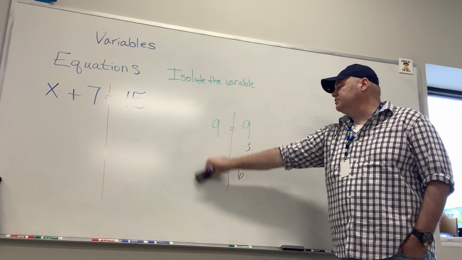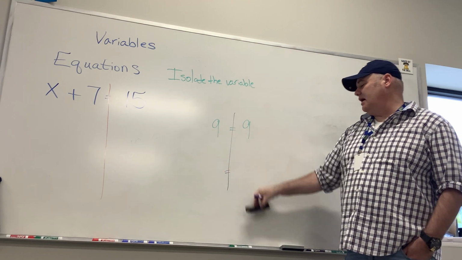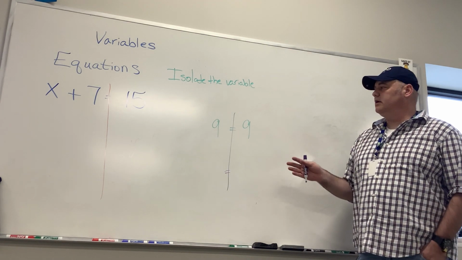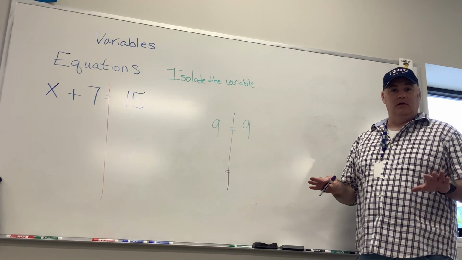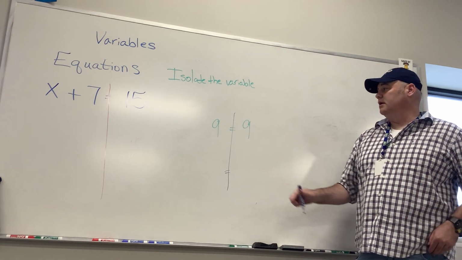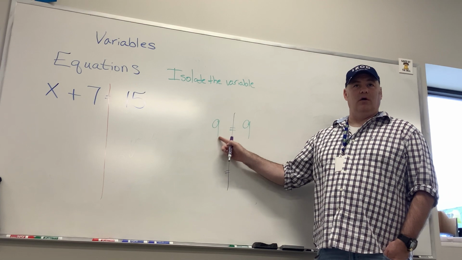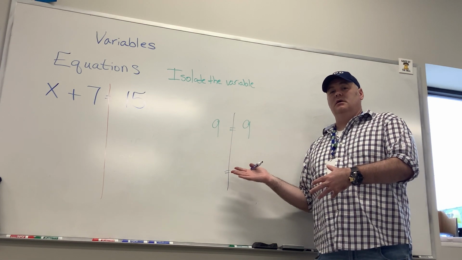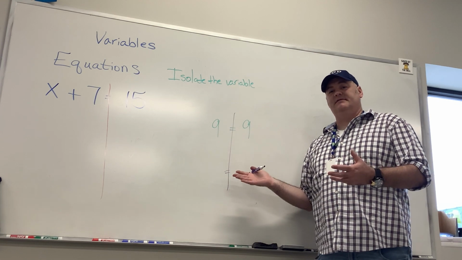Well, what if I was trying to totally get rid of that 9? What is the only number that means nothing, that means you've gotten rid of it, there's nothing there? That's 0, okay? So I want to make this a 0. The key on this one is it's a positive 9.